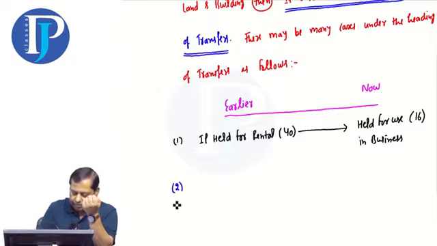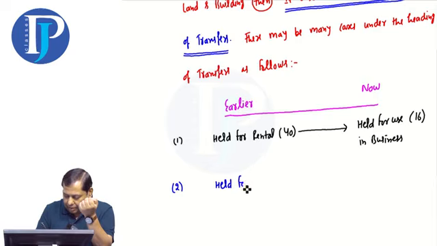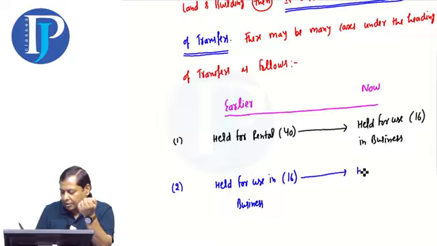We're at second point now. Land and building. Remove the word IP. Held for use in business. We were applying 16, but now held for rental. We are seeing the vice versa here.